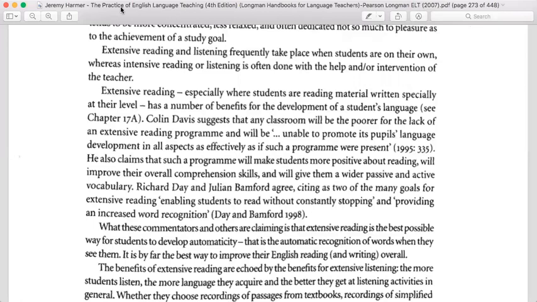Other than that, you can request one of your colleagues who happens to be a language teacher, or who is teaching in a similar language center, to give a talk to the students. So this would also give them practice in intensive listening.